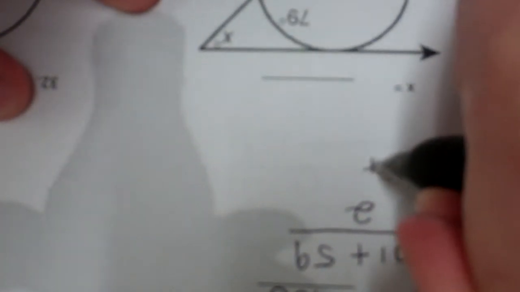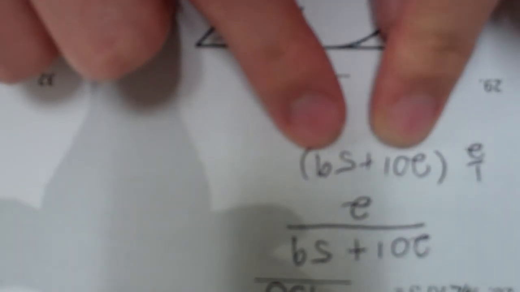So 201 plus 59 divided by 2 is 130 degrees. So that little angle inside is 130 degrees. You might also see it like this: 201 plus 59 times a half. So you would add those again and then multiply it times a half, which is the same thing as dividing by 2.